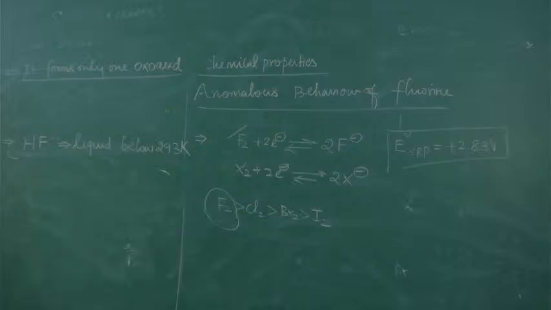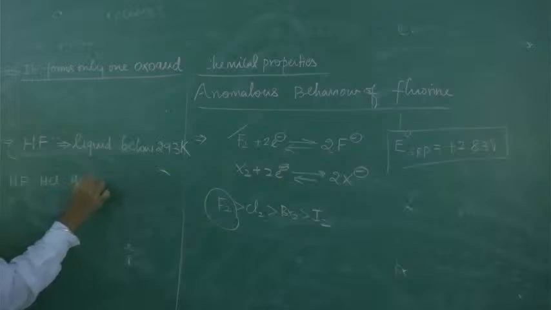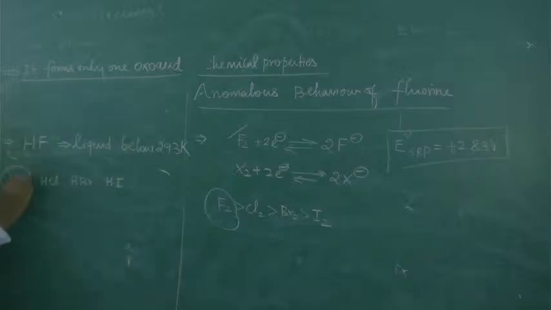அப்போ HF கம்பேர் பண்ணும்போது we have to go for HF, HCl, HBr, HI. Is it clear? இதில் எது லிக்விட்னு கேட்டால் HF is going to be liquid. The remaining all இதெல்லாம் என்னது?